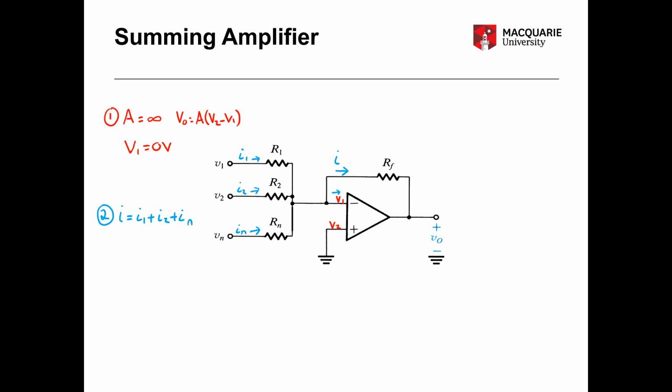Now if we know our current for I, then we can work out Vout, because we know that V1 is 0, so our Vout is going to be equal to 0 minus RF I, that being the voltage dropped across the feedback resistor.